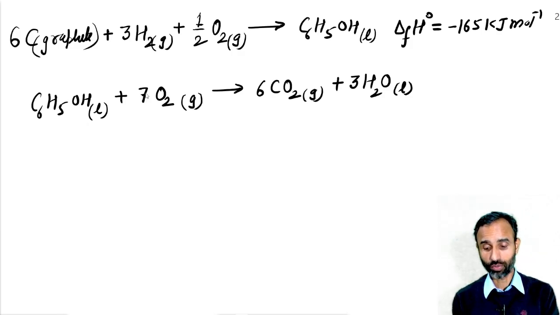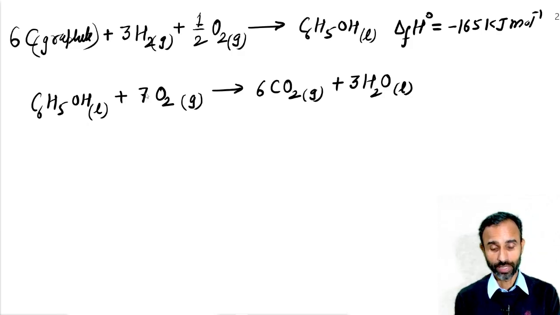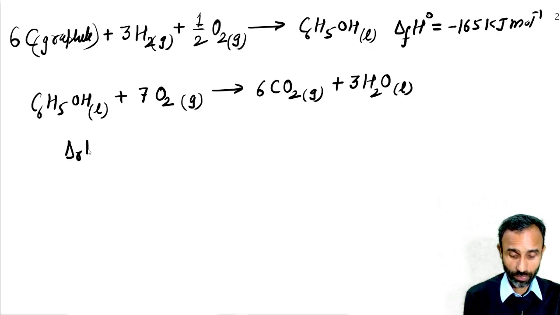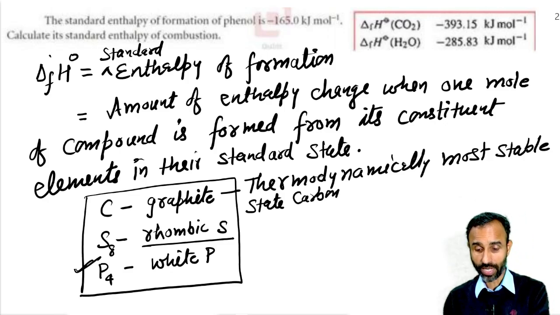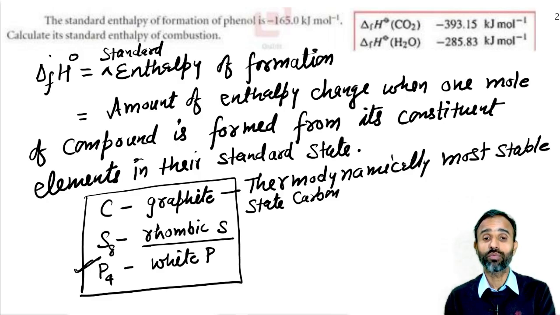Now we have to calculate the value for it. So the enthalpy of this reaction is, if standard enthalpies of formation are given, see, the standard enthalpy of formation of CO2 is given, the standard enthalpy of formation of H2O is given, and the standard enthalpy of formation of any element in its elemental state is 0.